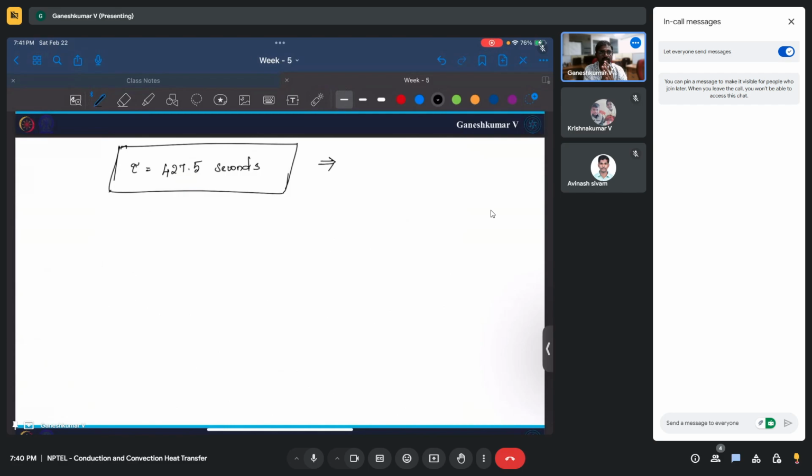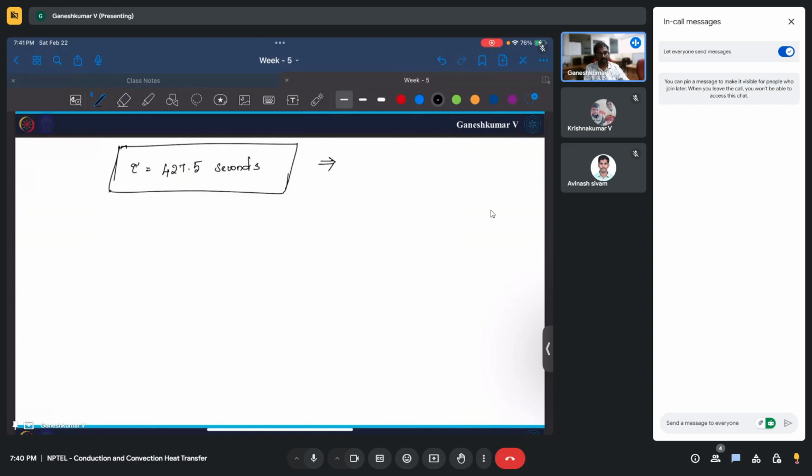Or you can say the time for the sphere to reach 300 degrees Celsius would be around 427.5 seconds. So this just gives you a response time, how much time the sphere takes to detect the environmental changes it is feeling, and how much time it takes to respond to the changes imposed from the environment.